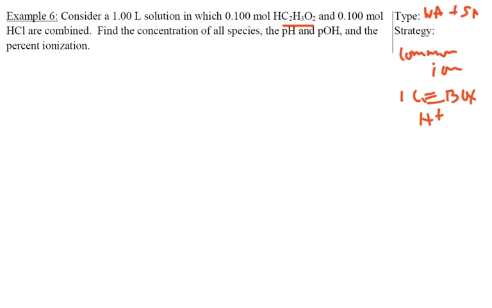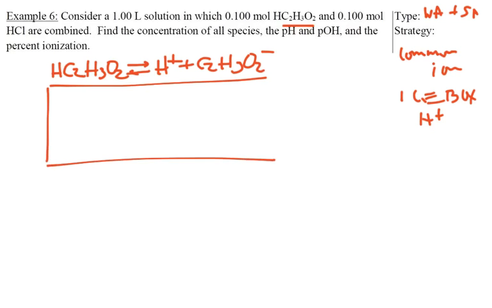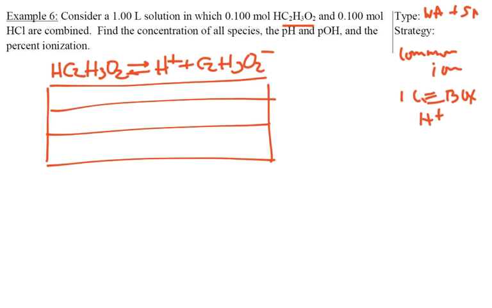So for that acid, we're going to write our equation. We know that it's going to break up and give us H pluses and acetate. And if we do an ice box for this, now I could have put water in, but I didn't.